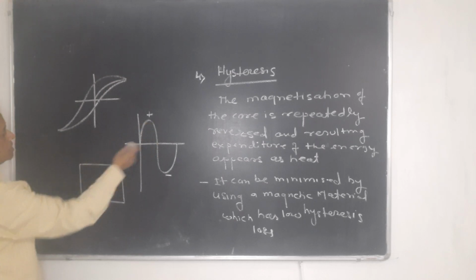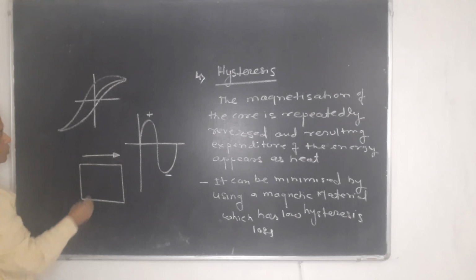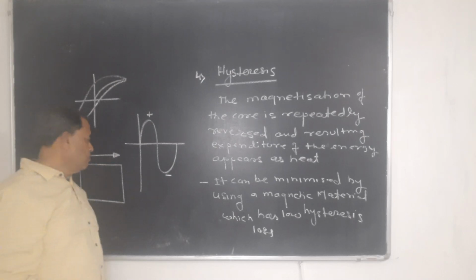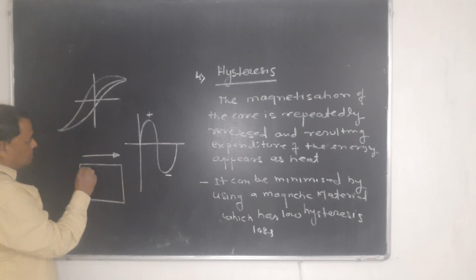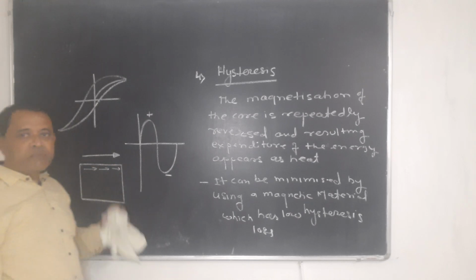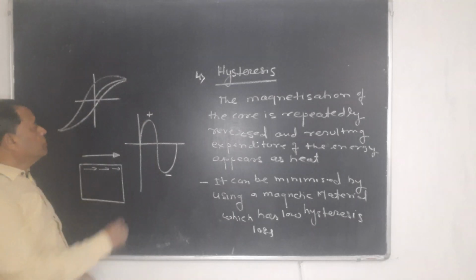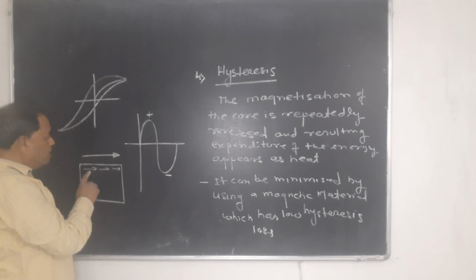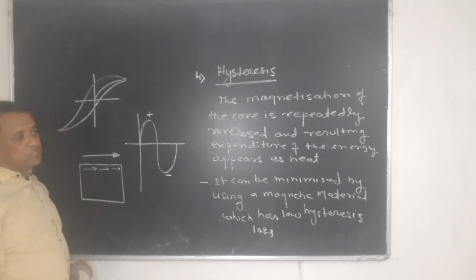If in the first cycle the magnetic field is in this direction, now in the ferromagnetic material, magnetic dipoles or domains are there. They align with the magnetic field. In the first half cycle, the magnetic field is in this direction, so these magnetic dipoles will also align with the magnetic field.